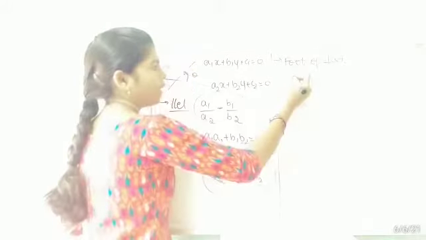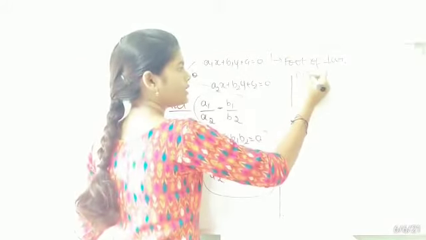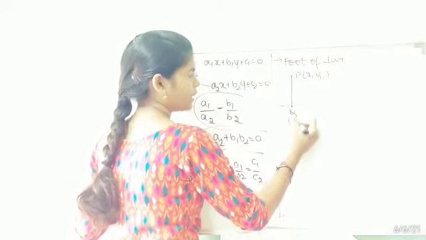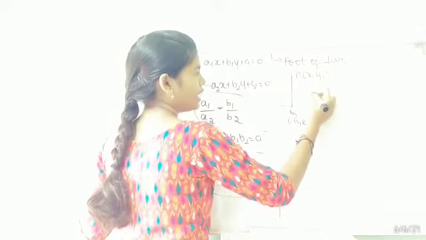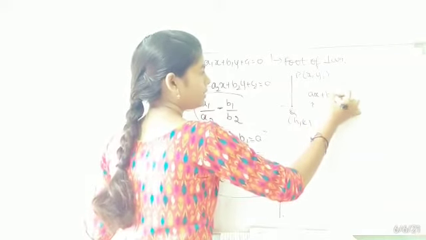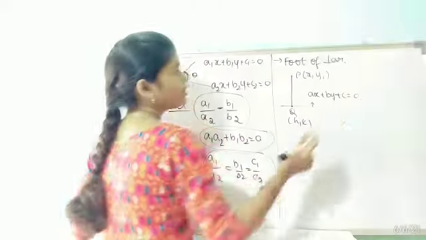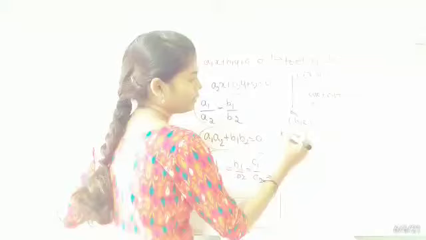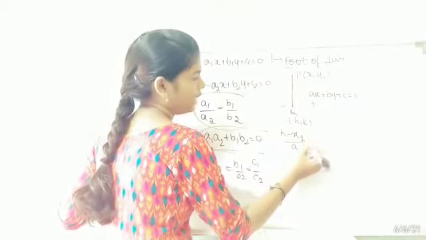Suppose a point P is there which is (x1, y1), and the foot is (h, k), and the line is ax plus by plus c is equal to 0. In order to find the foot of the perpendicular, what will be the formula? It's h minus x1 by a.